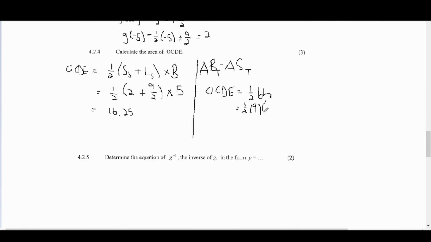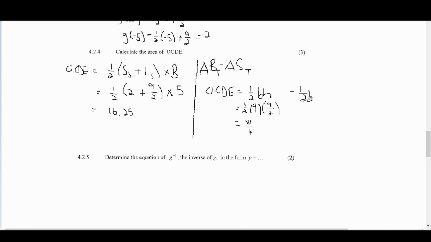So this is a half times 9 times 9 over 2, which is then equal to, you can type all of this in your calculator, 9 times 9 is 81, 2 times 2 is 4. Can't simplify that.